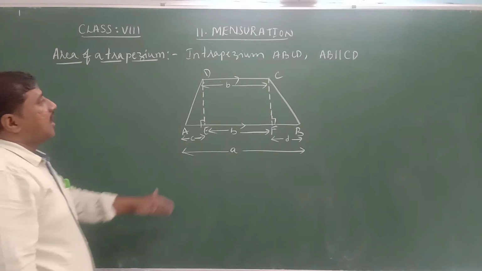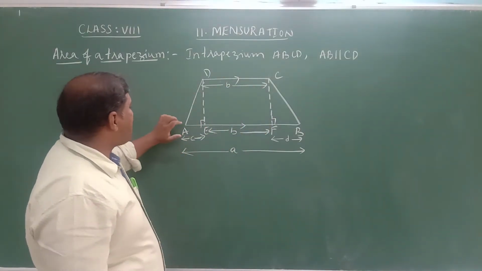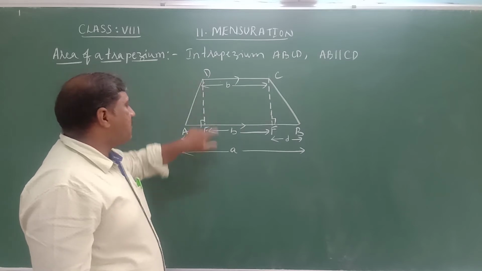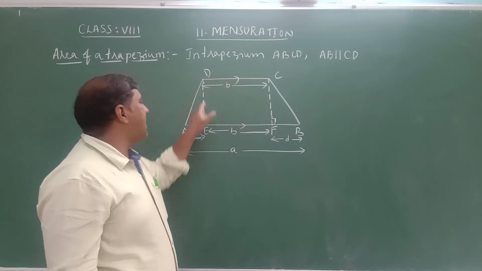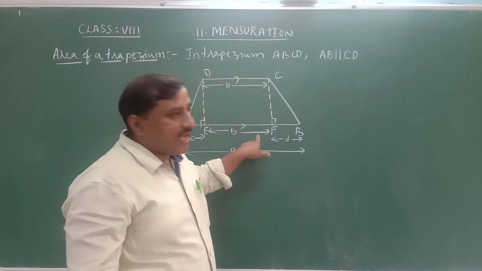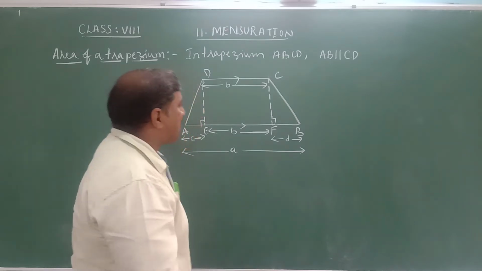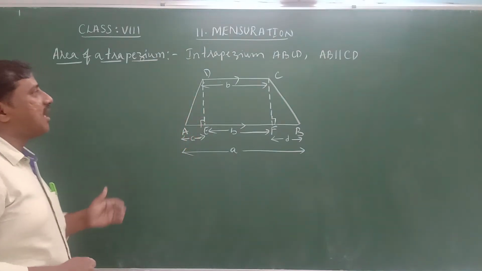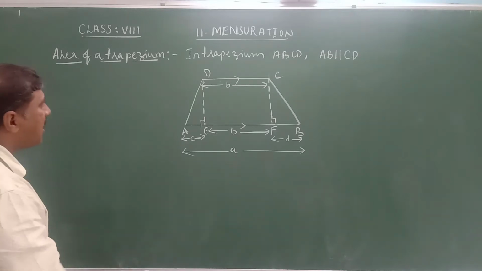Now area of trapezium ABCD is equal to area of triangle AED plus area of rectangle CDEF plus area of triangle BFC. Write those formulas and substitute.